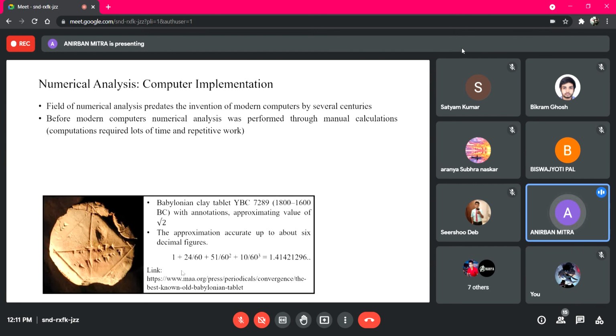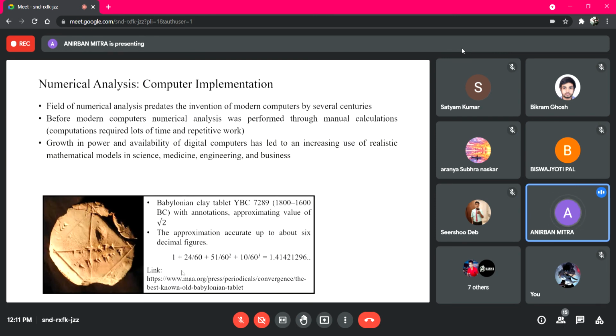But everything changed from probably the middle of the last century, the 1950s, after the Second World War, when there was exponential growth in the power and availability of digital computers. Due to that, there has been an increasing use of these numerical methods in analyzing realistic mathematical problems.